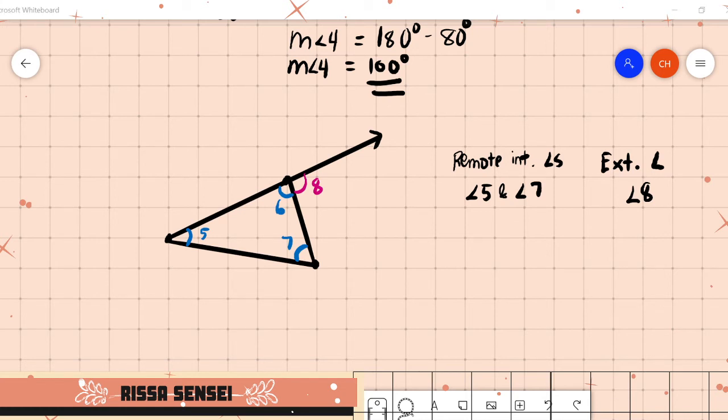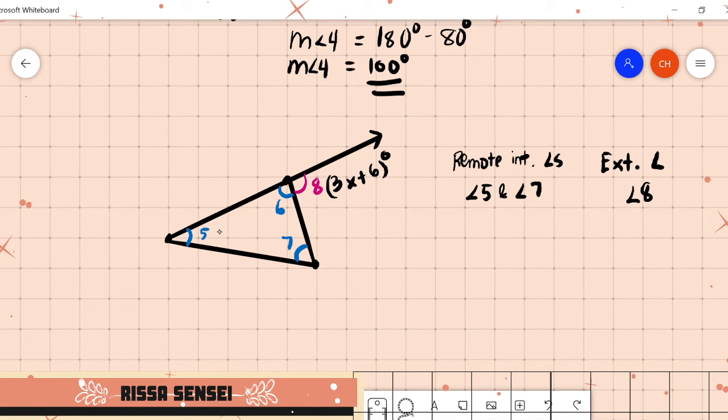So, let's say this is 3x plus 6 degrees.